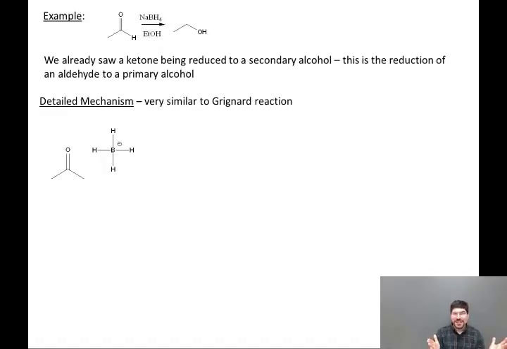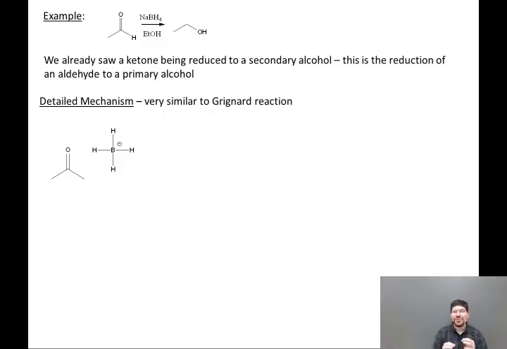Now you're going to think I'm nuts because I stuck a negative charge on that boron. A boron forming 4 bonds has to have a negative charge because of the formal charge rules. This is where the formal charge rules become a little less useful for predicting reactivity. But as I said, the boron is the positive end of the dipole, and it's attracted to the oxygen, which is the negative end of the carbonyl dipole.